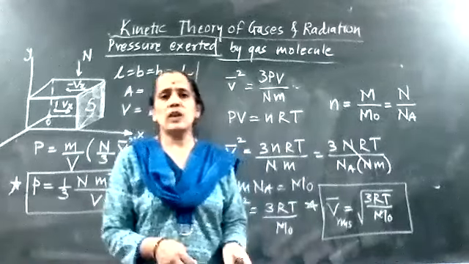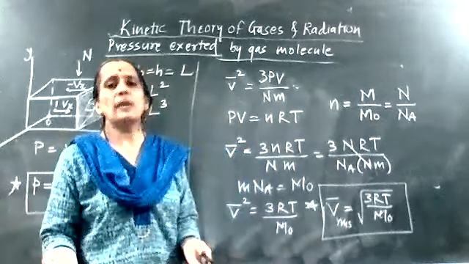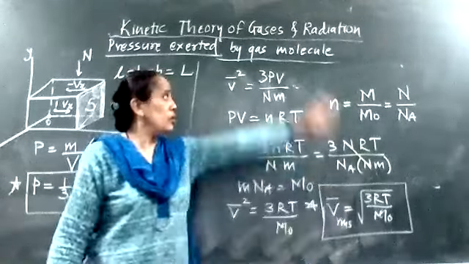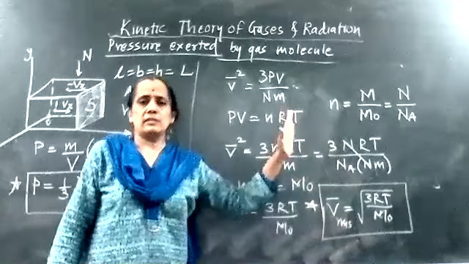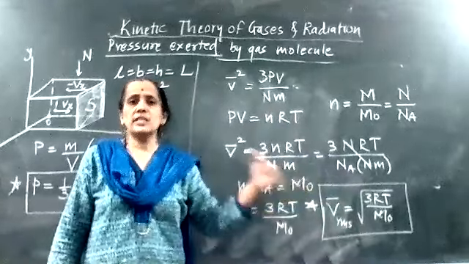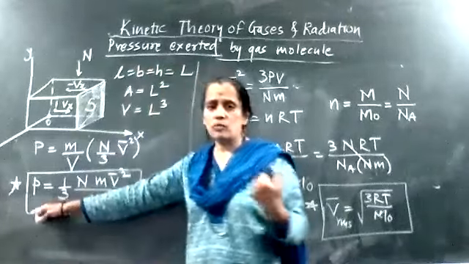So RMS velocity depends on temperature. That type of question also comes: show that the RMS velocity of the gas molecule is directly proportional to the square root of temperature. And this is your 3-mark question.